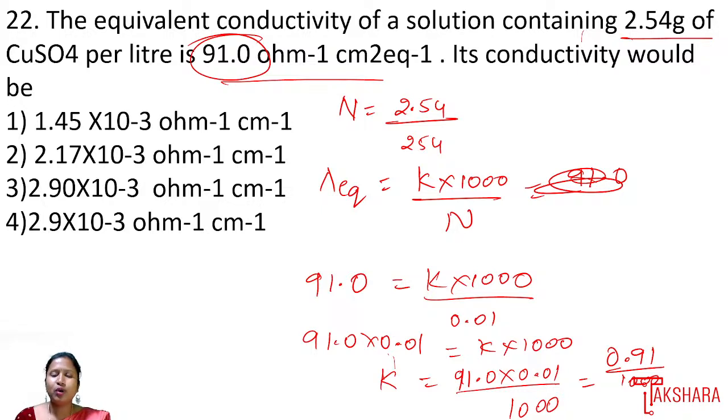If you solve this, you get the value 2.9 into 10 power minus 3. So 2.9 into 10 power minus 3 per ohm per centimeter is the answer.